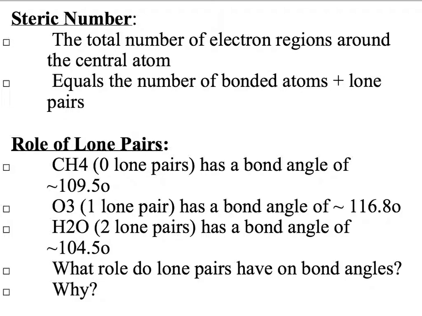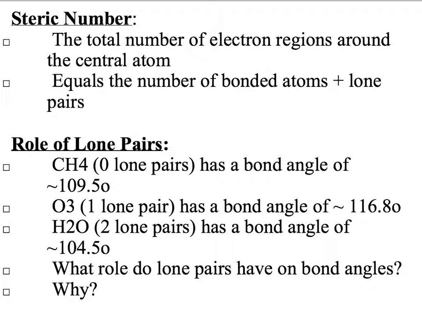And if we try to get a sense of the effect of lone pairs, if I have CH4, methane, it has no lone pairs, it's a tetrahedral shape with a bond angle of about 109.5. Ozone, we have one lone pair, so we're shifting our bond angle from 120 to about 116.8 degrees. And water, 2 lone pairs. Steric number of 4, so it's based off of a tetrahedron, and has a bond angle of 104.5.